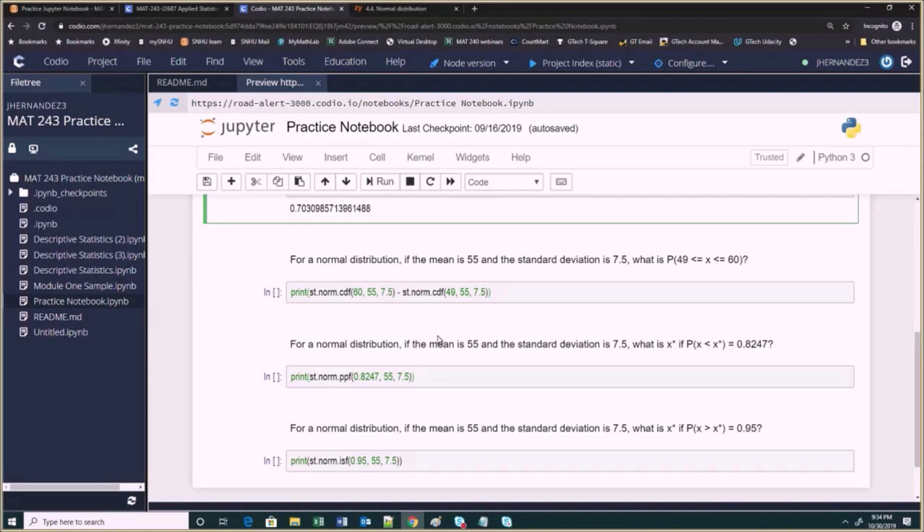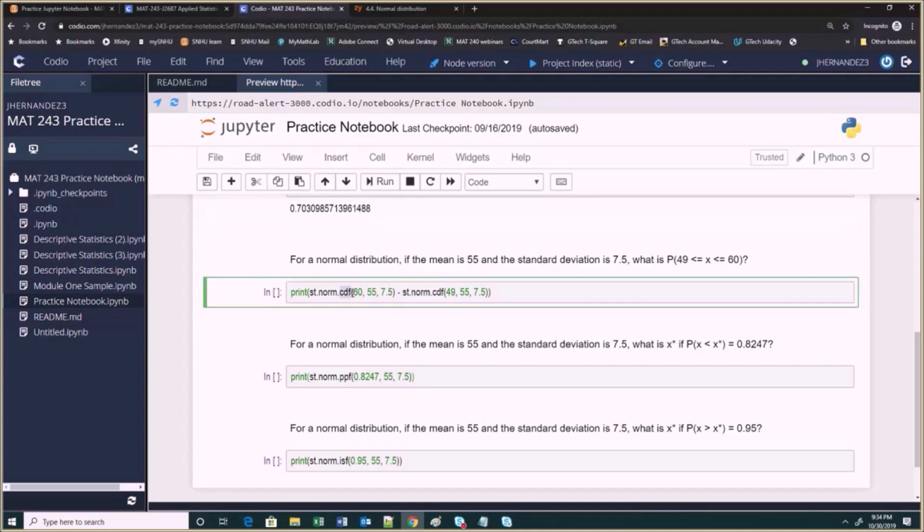There's no new function for this case. That's because we can use an existing function to solve this problem for us. How do we solve it? Well, we can use the CDF function that gives us the probability of less than. So we will first calculate the probability that a given value is less than 60, the upper critical score.